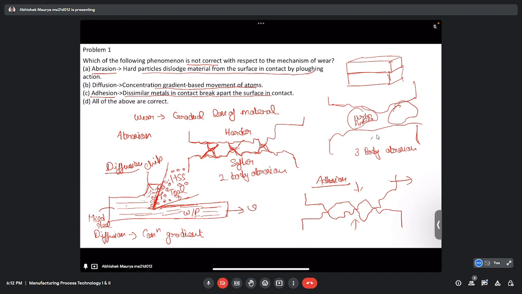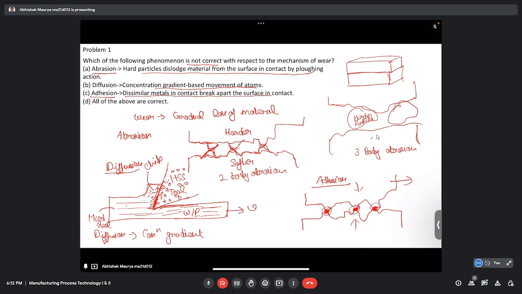Because of the load, a localized welding takes place between the asperities. So these are the points where material got deformed plastically, as well as both materials got welded at a very local region.